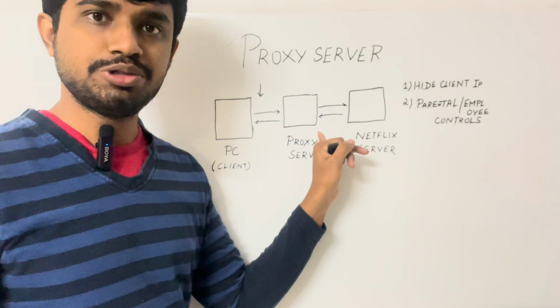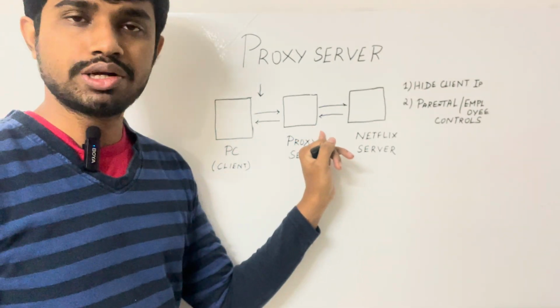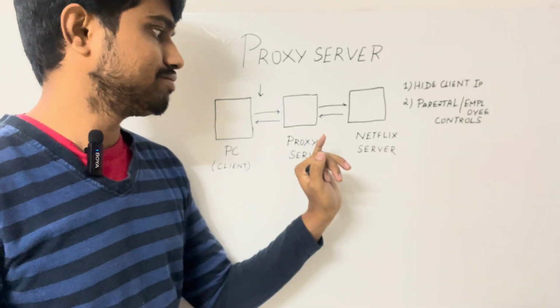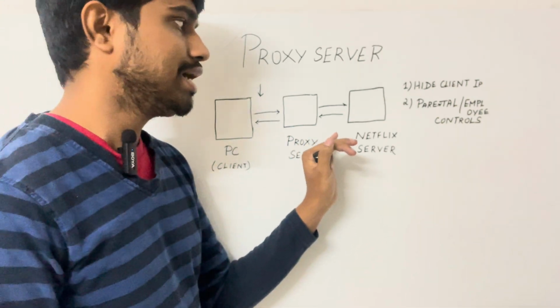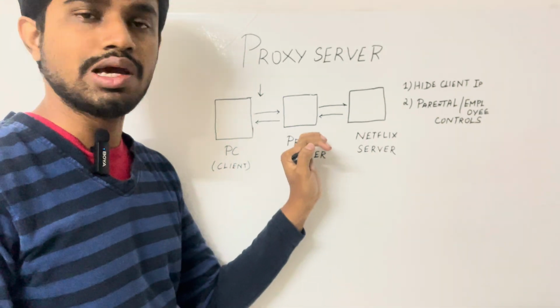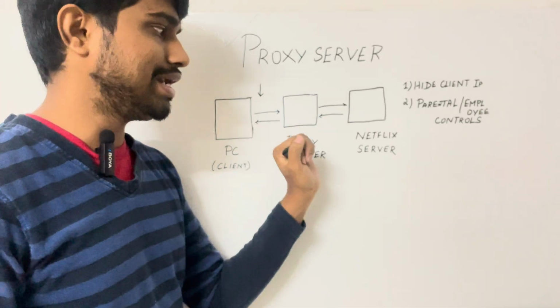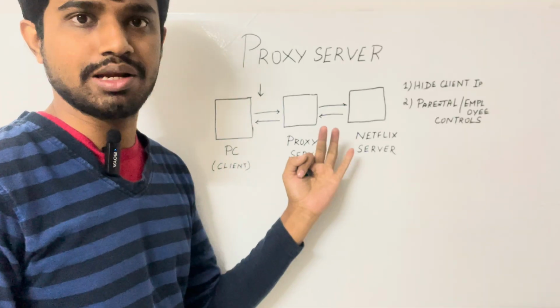Have you seen in your colleges, right? They would have blocked YouTube.com, or they would have blocked some gambling websites, right? In our homes, we always have parental controls if we are having kids. Say, hey, Netflix should not play more than 1 hour and it should not play after 9 p.m.